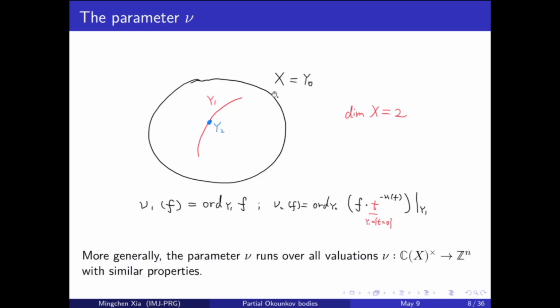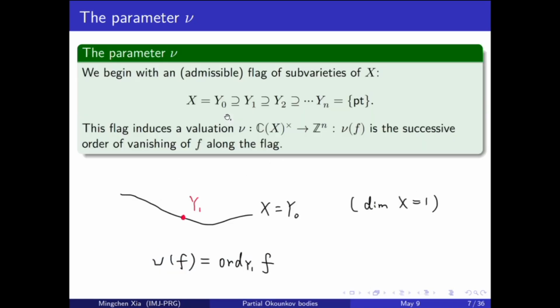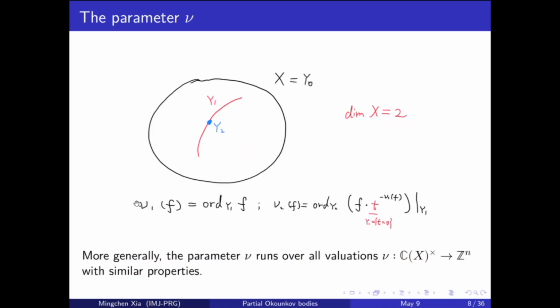In that case, the general valuation on the function field takes value in Z squared. The first part of the valuation is given by the order of vanishing of f along the subvariety Y1. It's similar to the one-dimensional case. But the second piece becomes different. We first consider our rational function f and its order of vanishing along Y1.